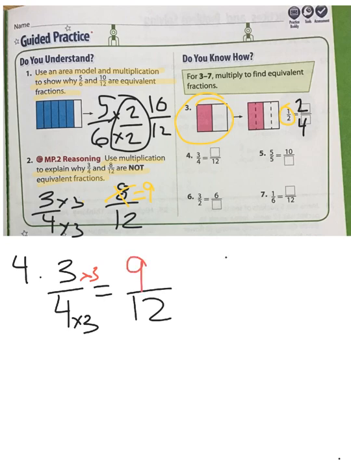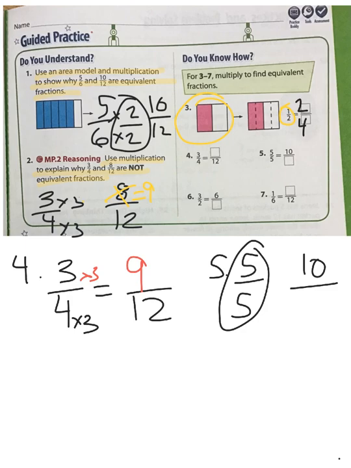Number 5. We have 5/5, and then we have 10 over a blank number. Well, I know 5/5 is equal to 1, so this one just has to be equal to 1, so I know I can put a 10. And if I wanted to multiply them, I would multiply both sides by 1. Number 6, we have 3/2, which is going to be an improper fraction since 3 is larger, equals 6 over, well, think in your head. 3 times what is 6?